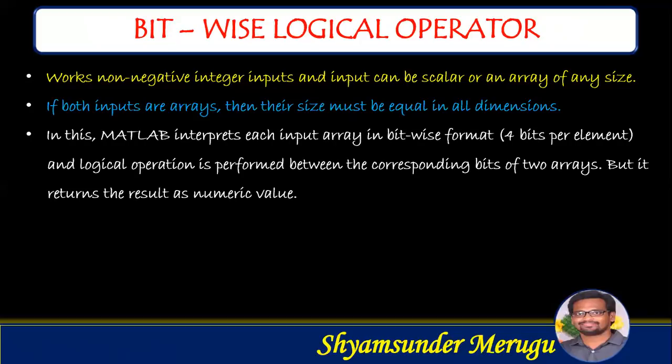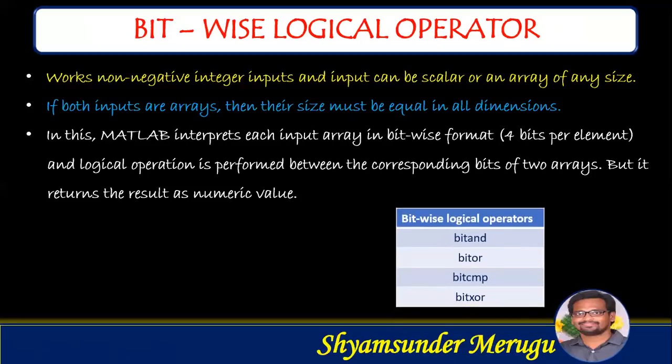That means each digit of the variable element will be assigned 4 bits, and the logical operation is performed between the corresponding bits of the 2 arrays, and it returns the result as numerical values instead of logical values. These are the bitwise logical operators supported in MATLAB: bitand, bitor, bitcmp, bitxor.